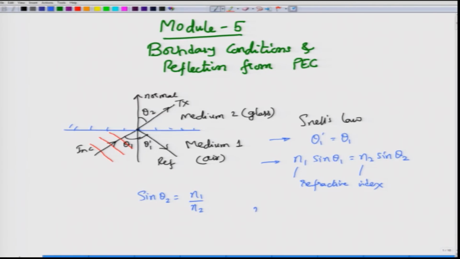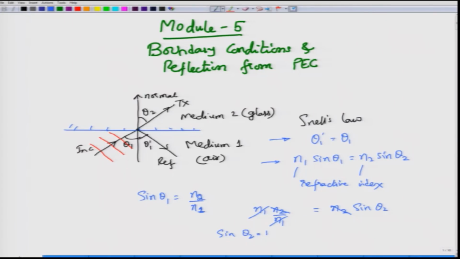Then Snell's law gives n1 times sin theta 1, and we have just made sin theta 1 equal to n2 by n1. So, this becomes n2 by n1, and then you have n2 sin theta 2, and n2 cancels on both sides, and then what you have is sin theta 2 equals 1.